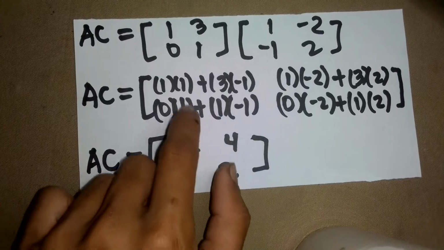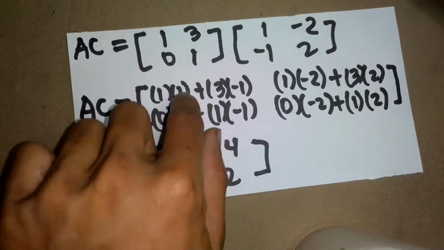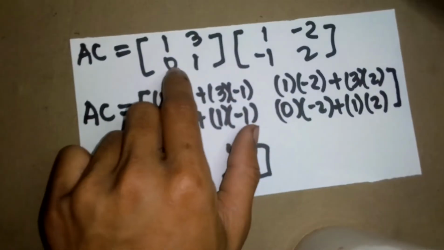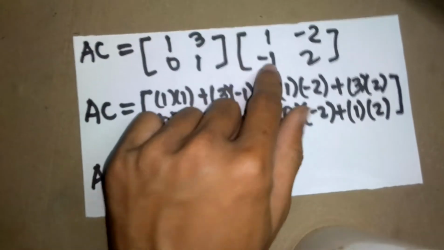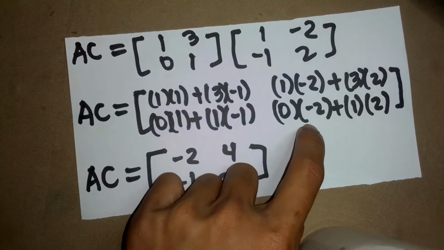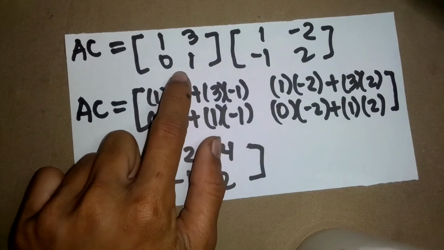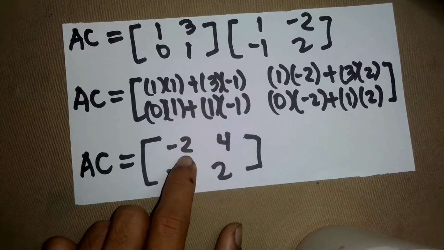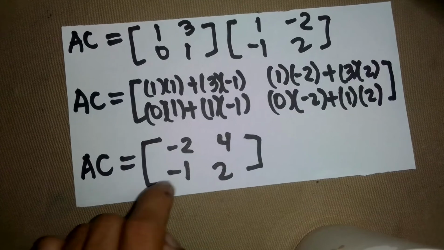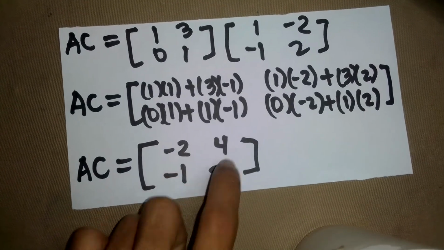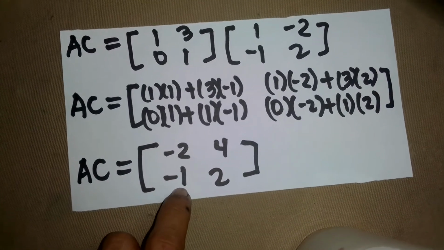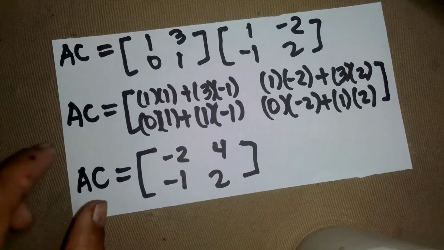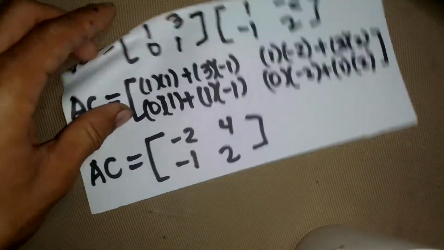Second row multiplied by first column. Second row multiplied by second column. We get a value of matrix AC: negative 2, 4, negative 1, and 2. That's the value of matrix AC.